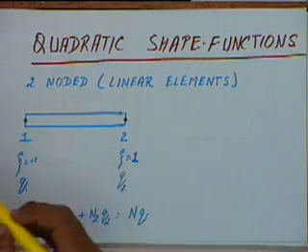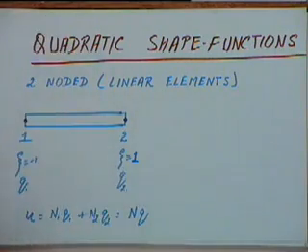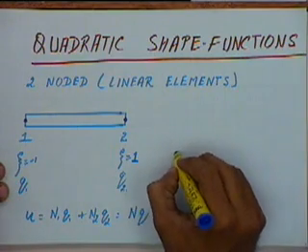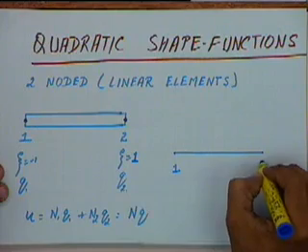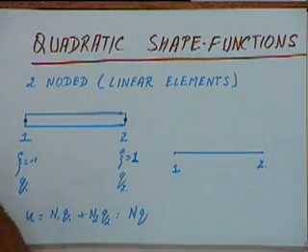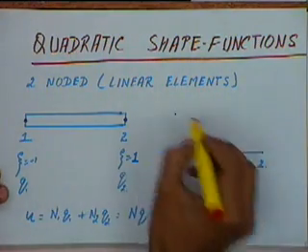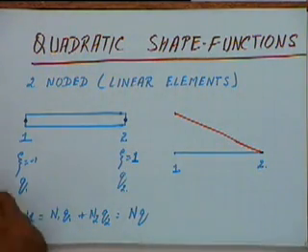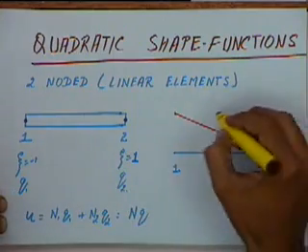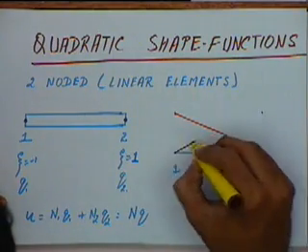If you remember, the shape functions in this case were linear shape functions which looked like this. This is point 1 and this is point 2, and if I draw n1, that looked something like this, and let us say n2 will be like this.